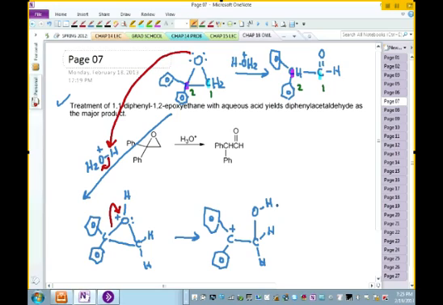So now what happens at this point? The hydride shift, okay? The hydride. So I'm going to do this one step at a time. Keep in mind what we want to do here is to explain the product, okay? So therefore we have a hydride shift. Okay, then we have this.